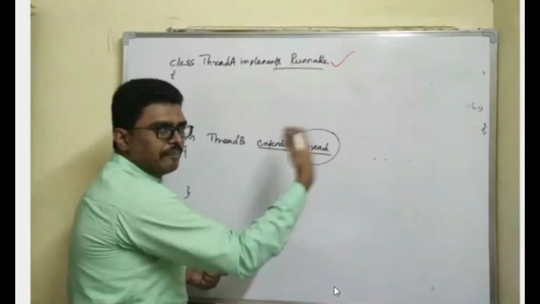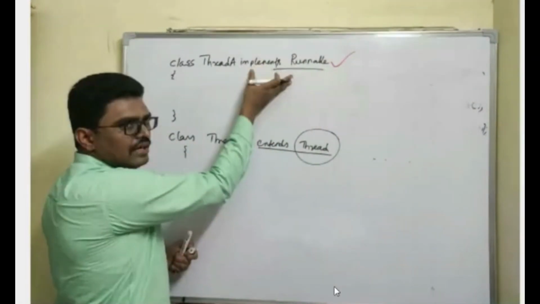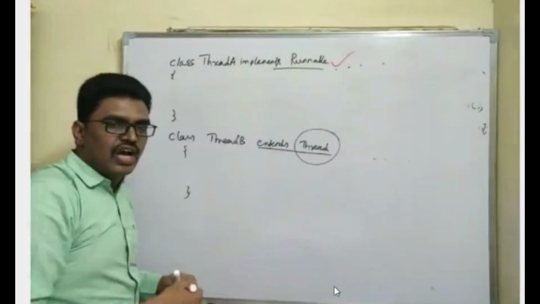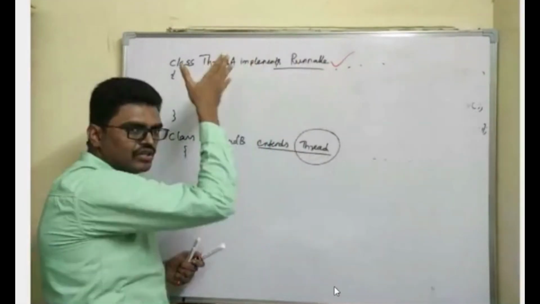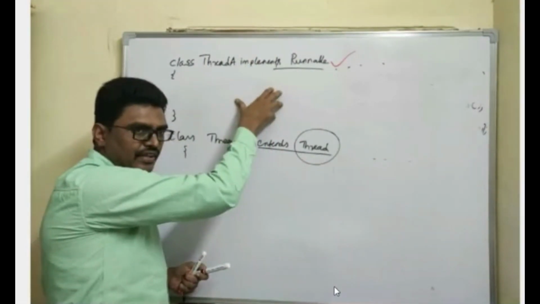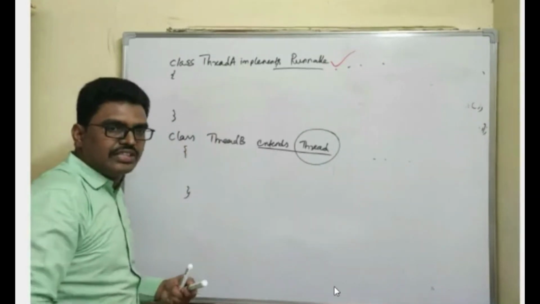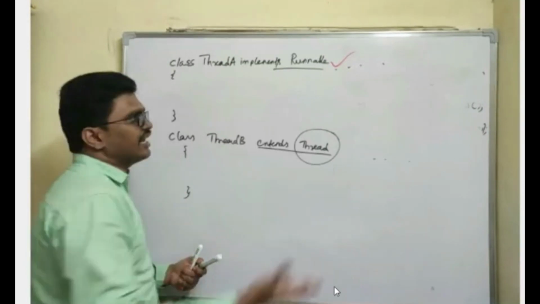So that's why it is suggested to go with the runnable interface. With the runnable interface, you can extend some other features. When you have the option of a class and an interface, then better you go for the runnable interface, because you can extend other classes which are required for your class. In such a case, you can go for this one.